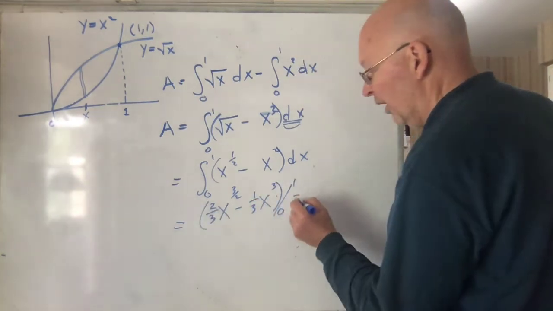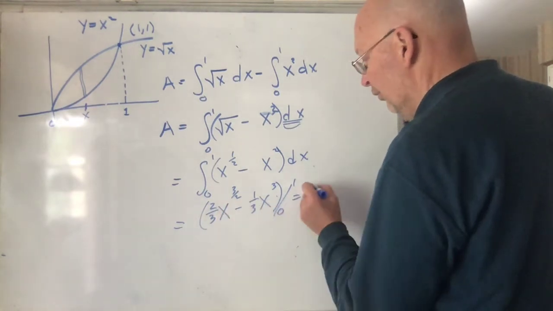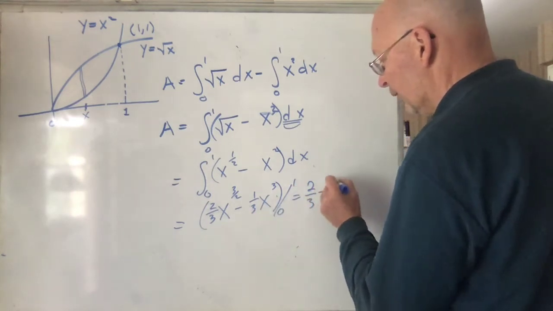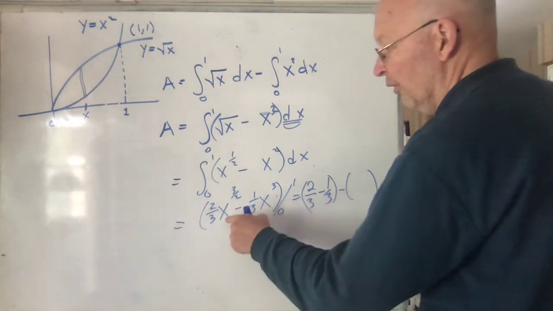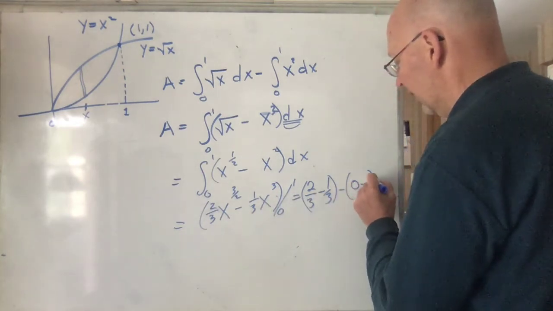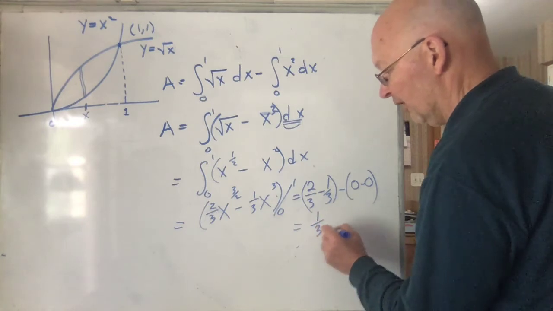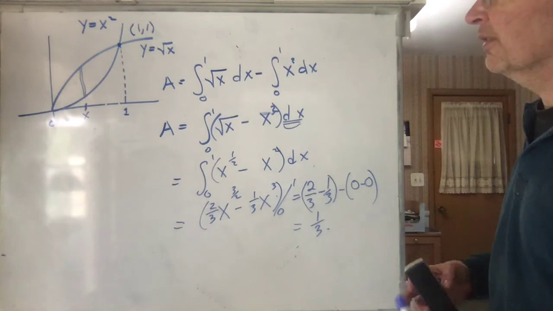Now from 0 to 1, you stick a 1 in here, 1 to any power is 1, times 2/3 is 2/3. Put a 1 in here, you subtract 1/3. And when you put a 0 in both of these, you get 0 minus 0. So you end up with 2/3 minus 1/3, which is 1/3. So there's the area between those two graphs.